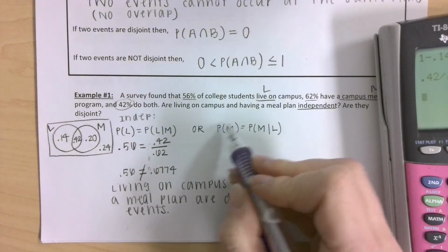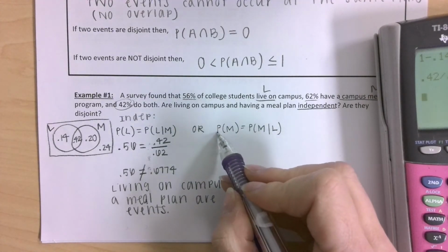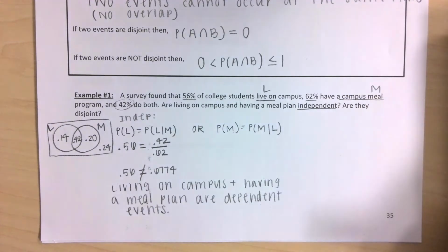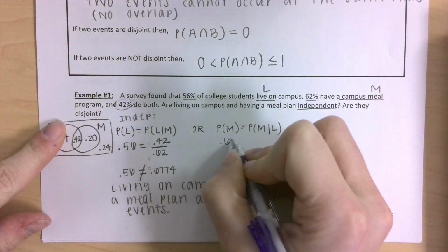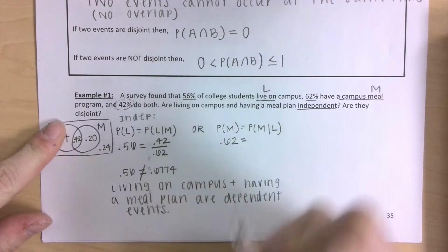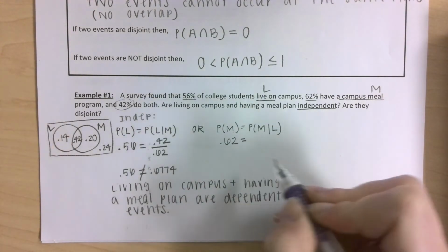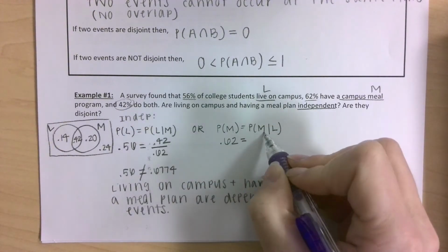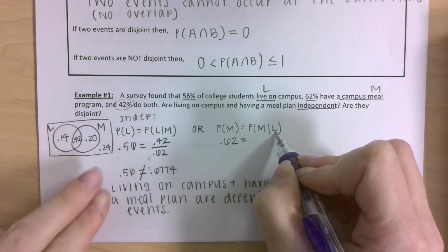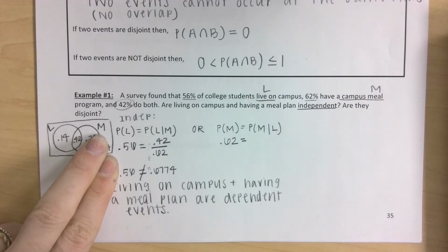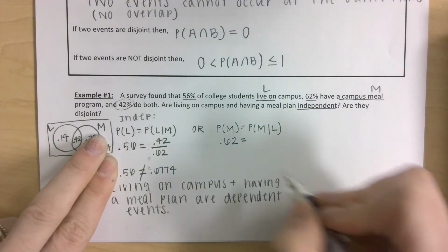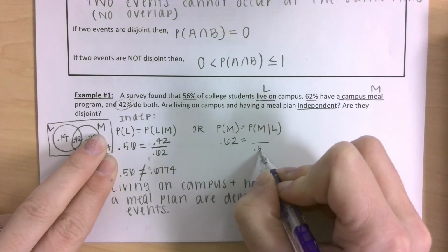Maybe you wanted to use this formula here, so we would have the probability that someone has a meal plan. That's all of this circle M, so that's 0.62. Then I would be finding the probability of a meal plan given they live on campus. So I'd be looking at this circle L, so I'd have 0.14 plus 0.42, which would be 0.56.